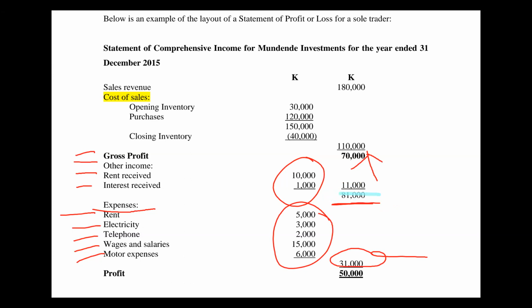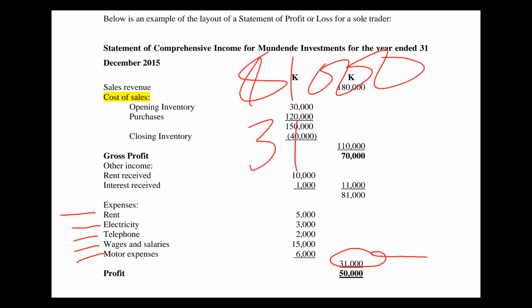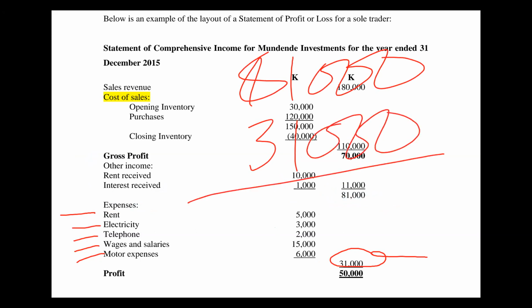The 81,000 is the total revenue. So you say this 81,000 minus 31,000 gives you 50,000. This one is called the net profit. Remember on the balance sheet, we said that we add the net profit to the capital, right? This is the net profit now. This is the figure that you add there.